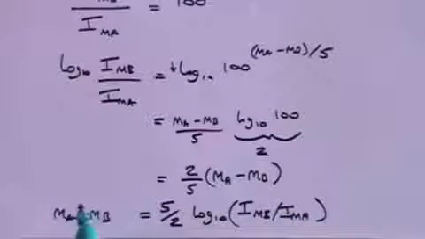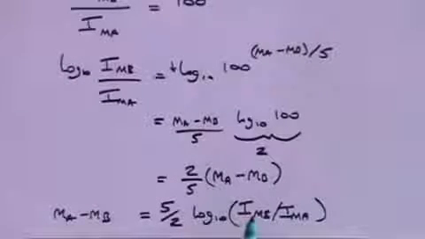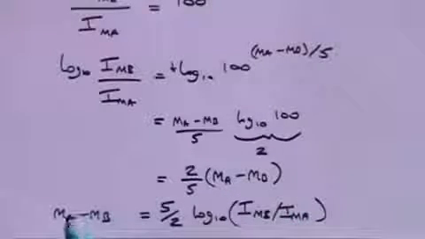And that is a general term which relates the magnitude of two stars, A and B. This has a magnitude MA, this has a magnitude MB. And here you have the intensity of the star B, this is the intensity of the star A. And those two relate the magnitude difference to the intensities.